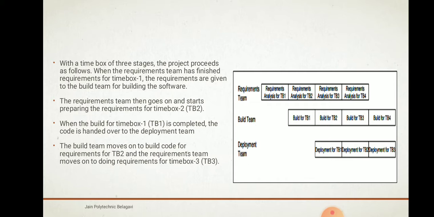At the same time the build team will be building TB1. When TB1 is completed by the build team, the code is handed over to the deployment team, which starts the deployment for TB1. Now the build team moves on to build the code for the requirements of TB2, because requirement analysis for TB1 is already handed over and over, and the requirements team moves on to requirements for time box 3. So this is how the process goes.